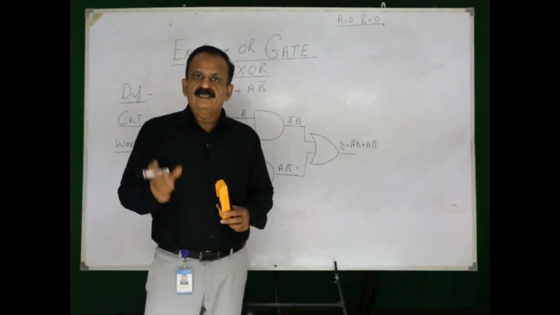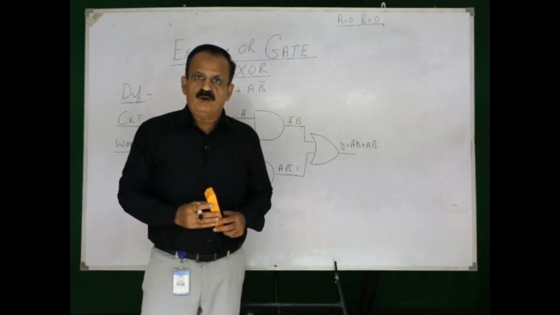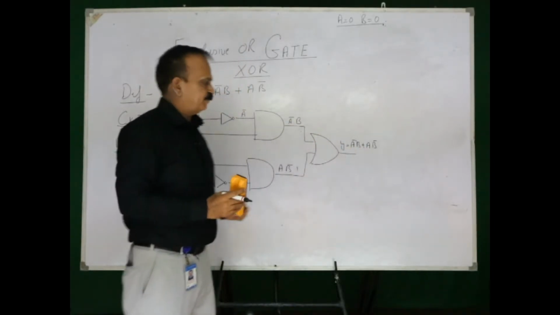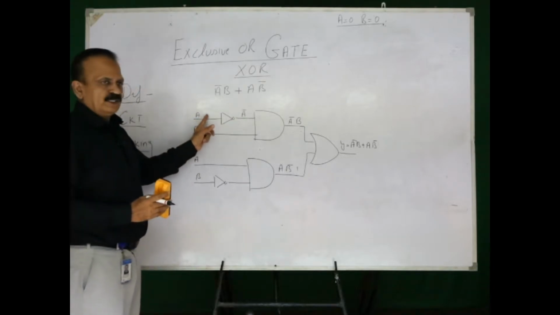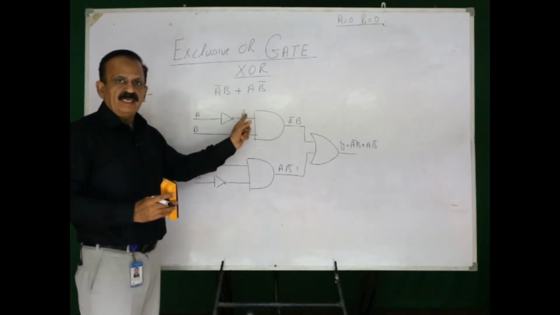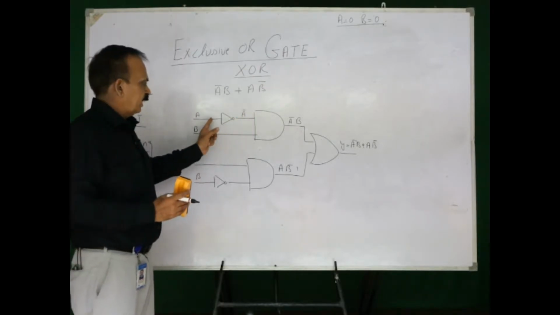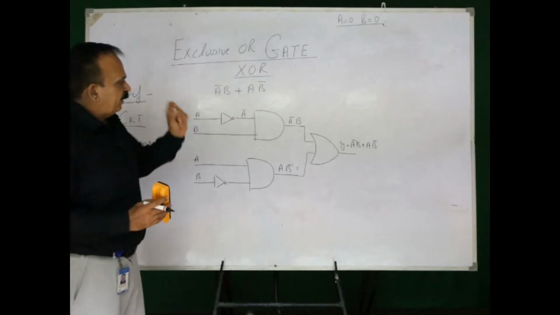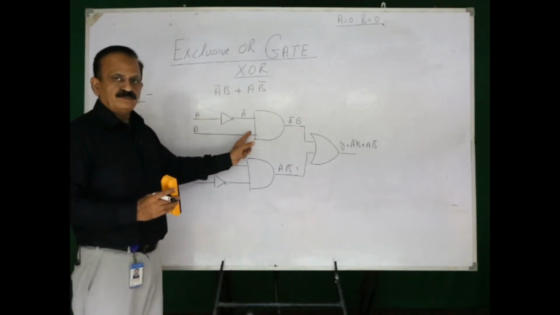We understand the working of the basic building blocks, so we would like to see what the output Y will be in this case. Now A is equal to 0, that means the value of A bar will be 1, because A is 0, the complement A bar will be 1. The second value B is 0.